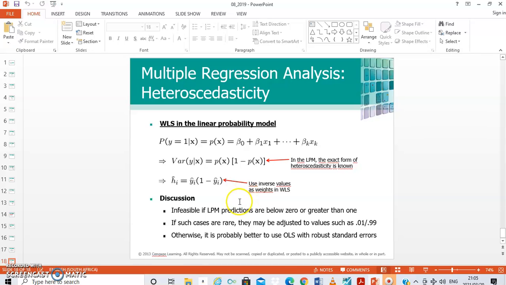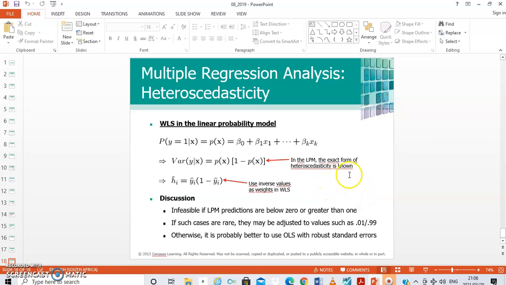Okay. But now the thing is, this might not be applicable if the predictions are below 0 or greater than 1. Why do you think that is the case? It is because our model tells us that those predictions must be between 0 and 1. 0 is when the event does not occur, and 1 is when the event occurs.